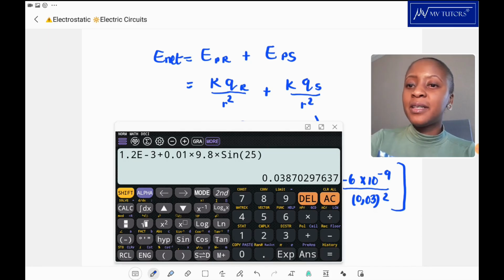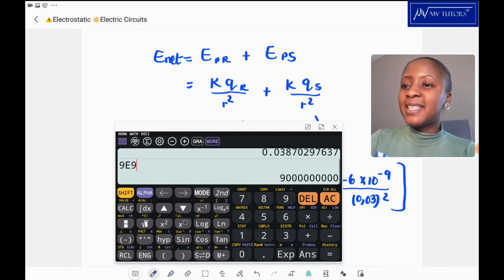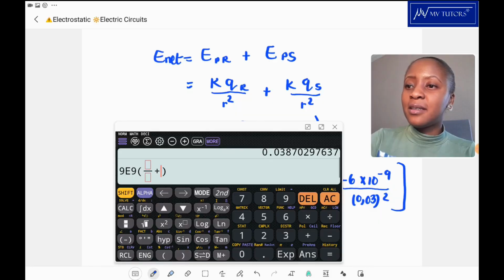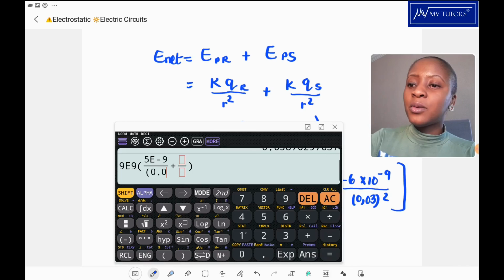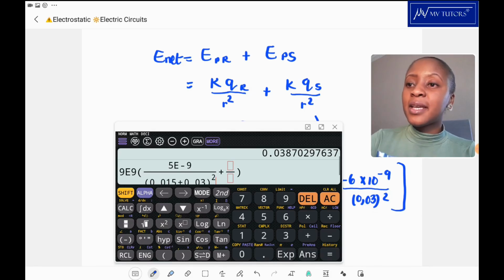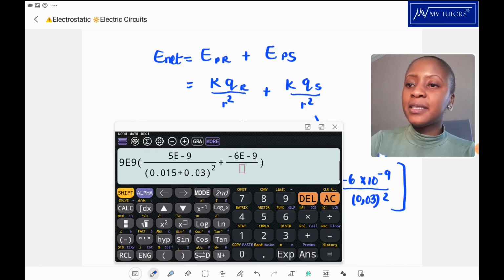So we have 9 times 10 to the 9, and then brackets: for the first one, 5 times 10 to the power minus 9 over 0,015 plus 0,03, all squared, plus negative 6 times 10 to the power negative 9 over 0,03 squared.